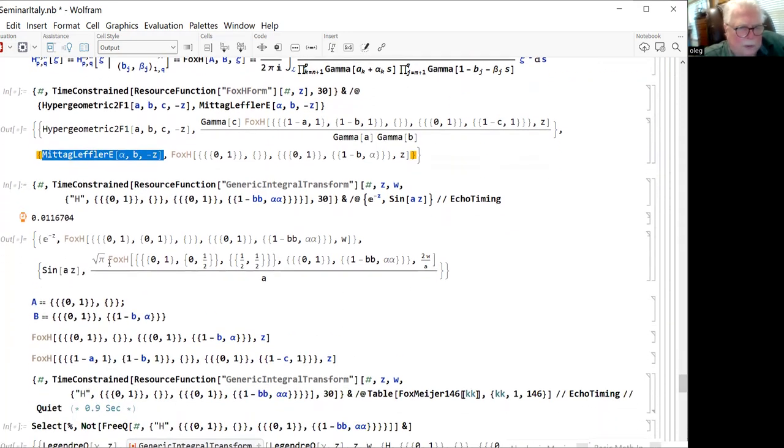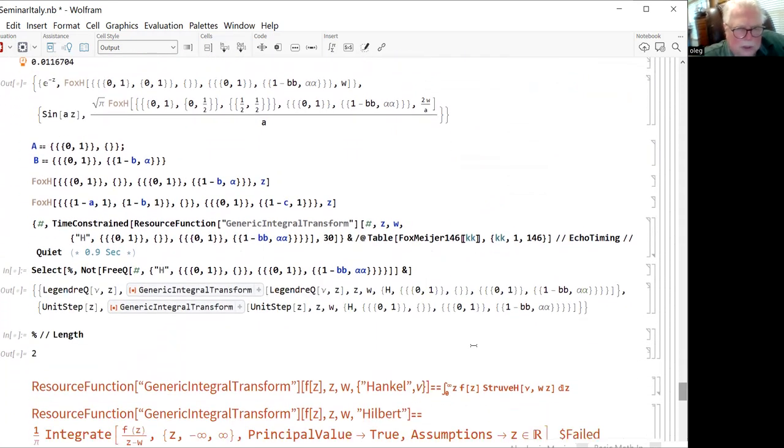And then I evaluated the Fox transform for the situation when we have Fox equal to Mittag-Leffler, and then I ran the test. I show you this test, and I got corresponding results.